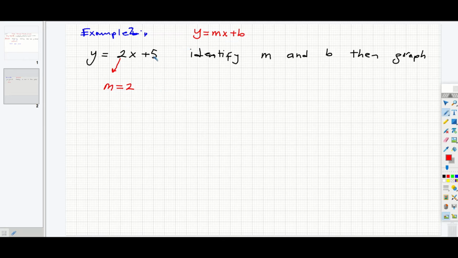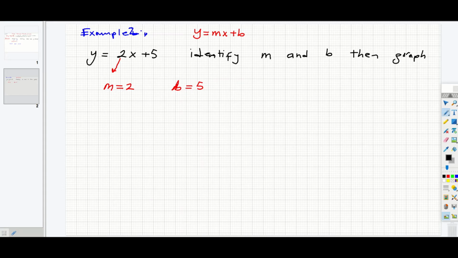So 5 will be our y-intercept, which is b. b equals 5. Based on this, I will try to graph the equation y equals 2x plus 5 on the coordinate plane.